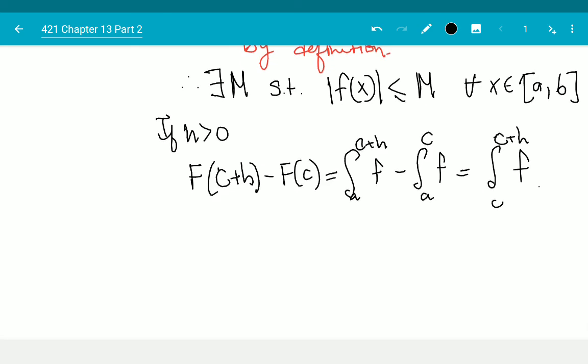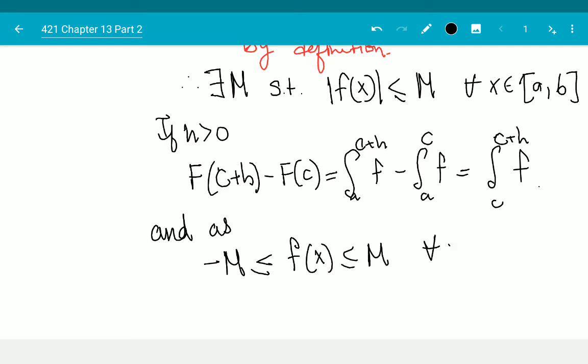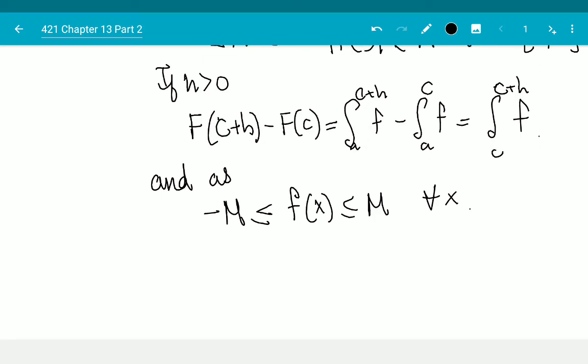And as minus M is smaller than or equal to f of x is smaller than or equal to M for every x, I get that minus M times h is smaller than or equal to the integral from c to c plus h of f, smaller than or equal to capital M times h, by exactly the previous result.